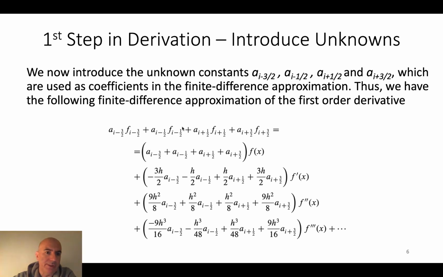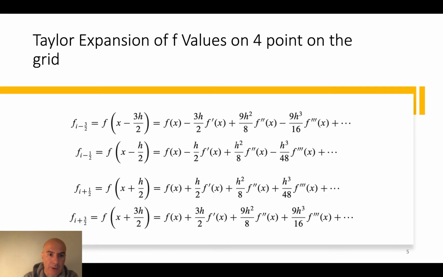So let's do this first step. We have here our 4 points, and we sum them up, each with an associated coefficient. The next step is to introduce the approximation from the Taylor expansion we derived in the previous slide. We have this approximation for the 4 points, and we keep all the terms up to the third derivative.